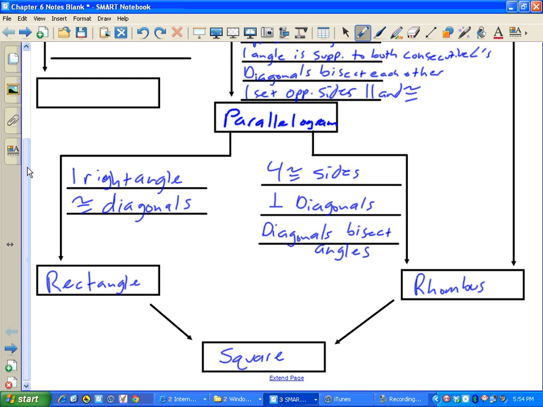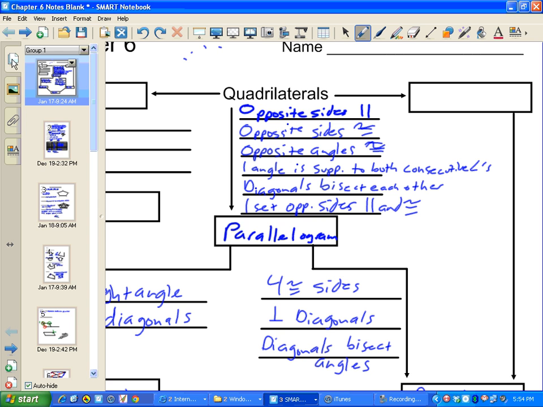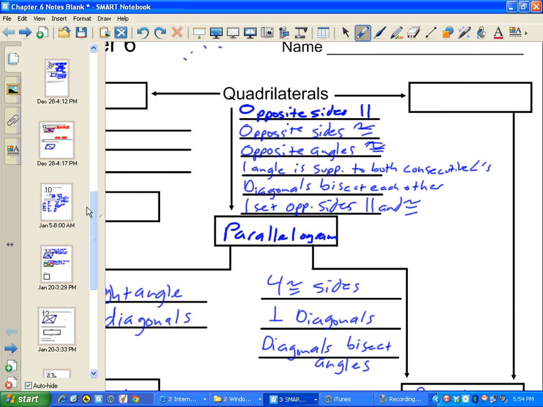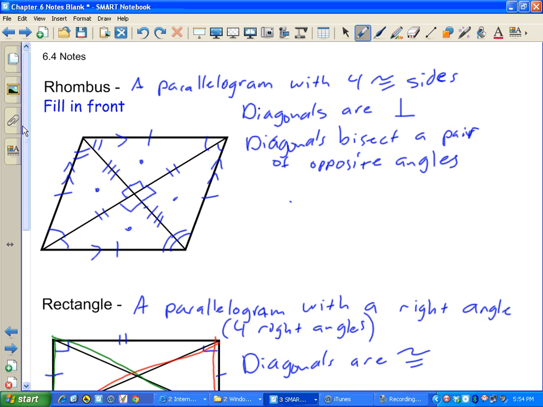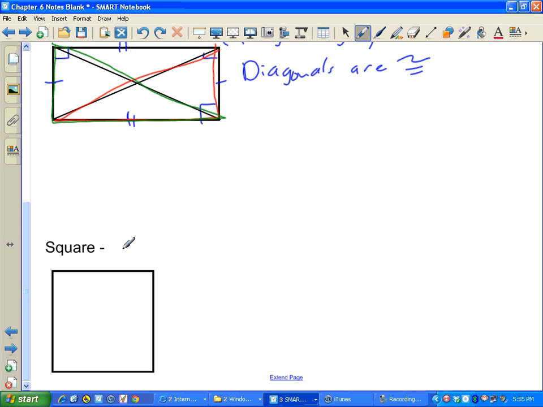So a square is both a rectangle and a rhombus and a parallelogram and a quadrilateral. That's the last one we're going to look at here. A square is a parallelogram with 4 congruent sides and 4 congruent angles.